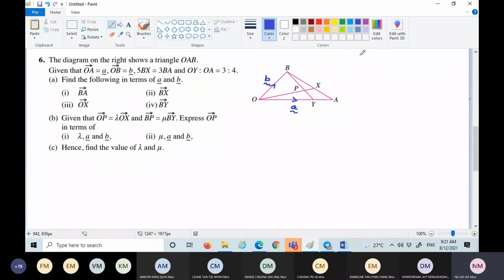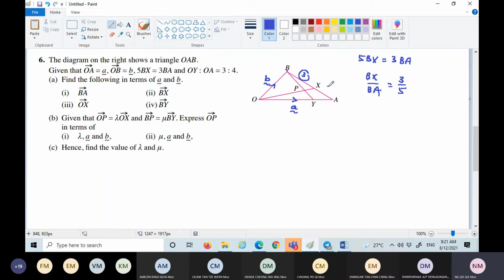You can write in ratio form or fraction form. BX stays here, BA comes to this side and becomes divide. 3 stays here, the 5 comes to this side. This means BX takes 3 portions, BA takes 5 portions. So BX is 3 portion, and B to A is 5 portion.